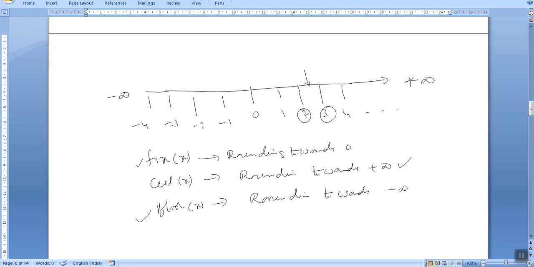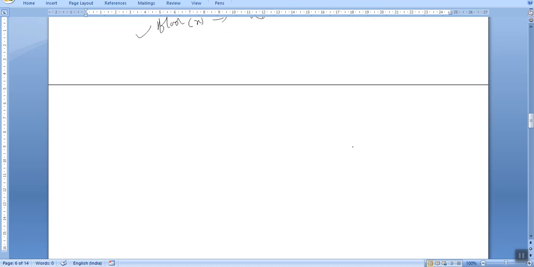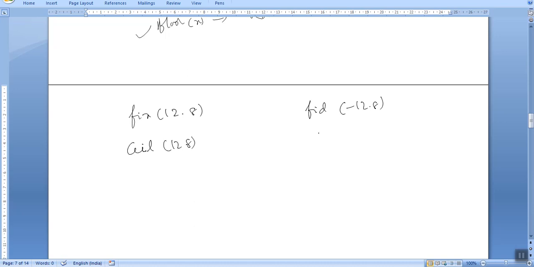Very simple logic. So you should know the difference between fix 12.8, fix minus 12.8, ceil 12.8, ceil minus 12.8, floor 12.8, floor minus 12.8.